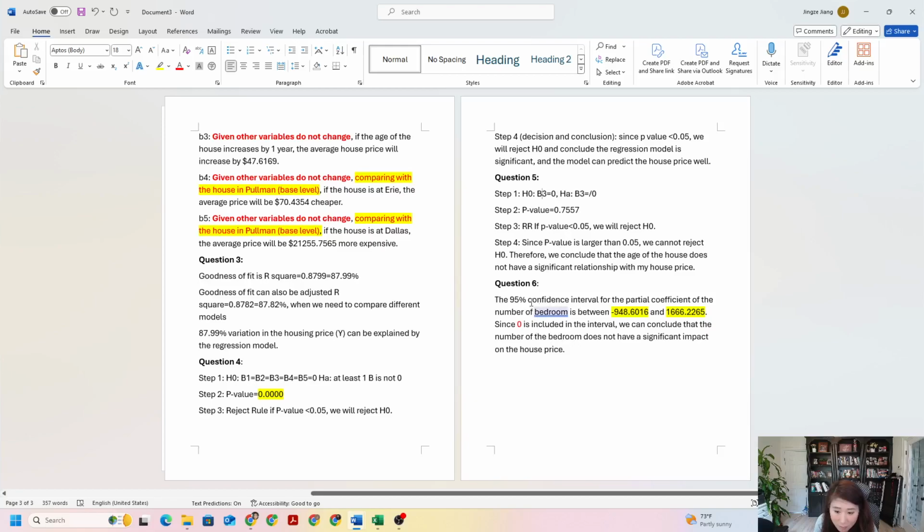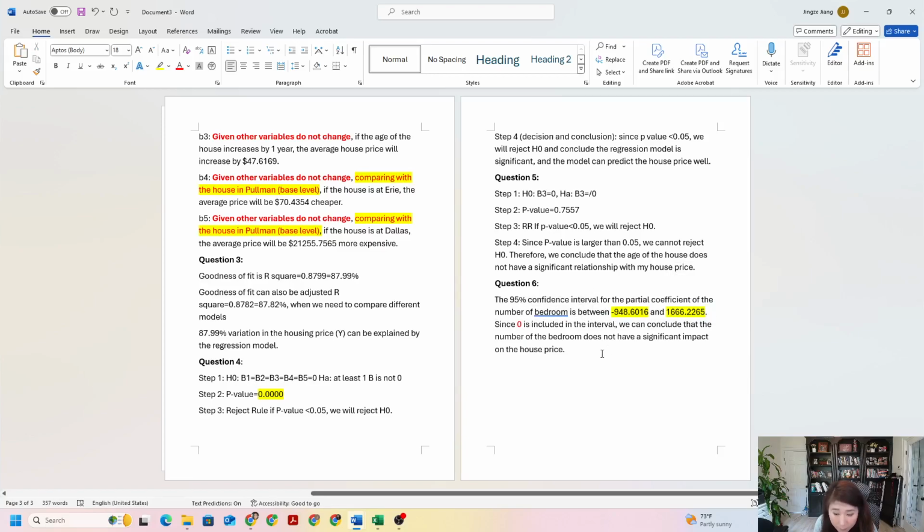So basically, my 95% confidence interval for b's is the second approach you can use to do the hypothesis testing. But the difference is the decision rule, right? In the four-step hypothesis testing, our decision rule is to look at whether the p-value is smaller than 0.05. But if you are using the 95% confidence interval as your hypothesis testing method, you focus on whether 0 is included in this 95% confidence interval or not.